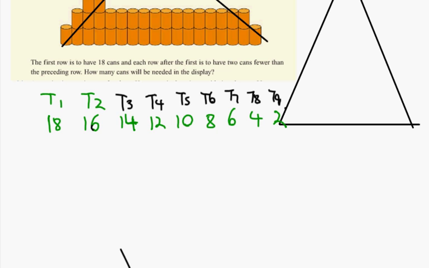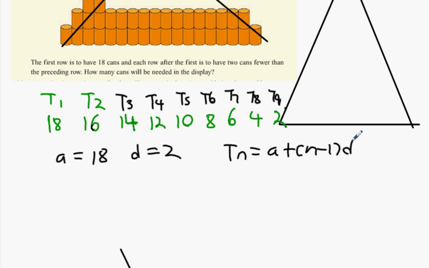Now, what we're going to do here is a is 18, d is 2. I want you to find out what all these added up together are. Now, I can actually just add them all up together right there, couldn't I? And that'll tell me how much I need. I'm just going to use the formula just to get you more used to it, okay? So Tn is a plus n minus 1 times d. a is 18. d isn't actually 2, it's minus 2.